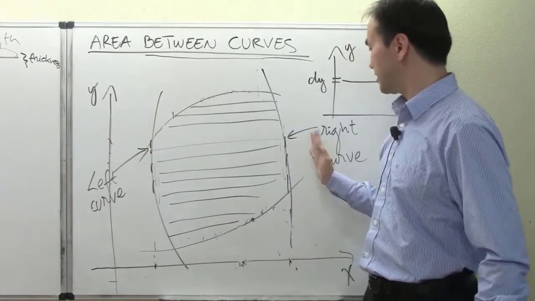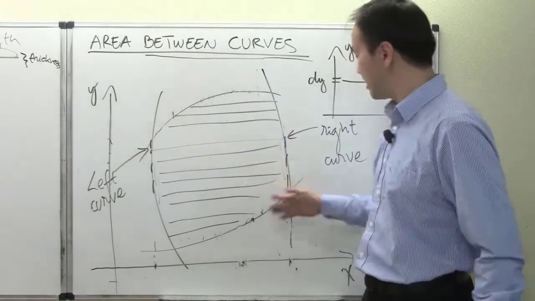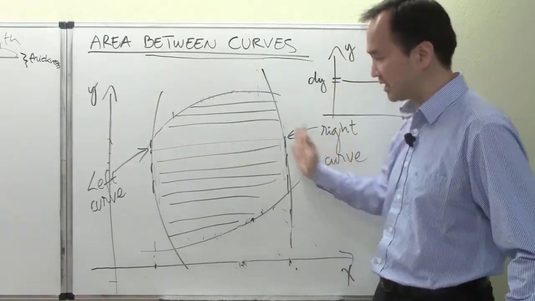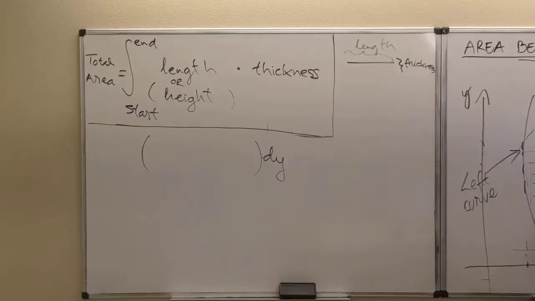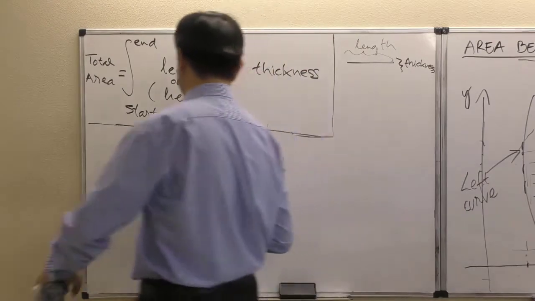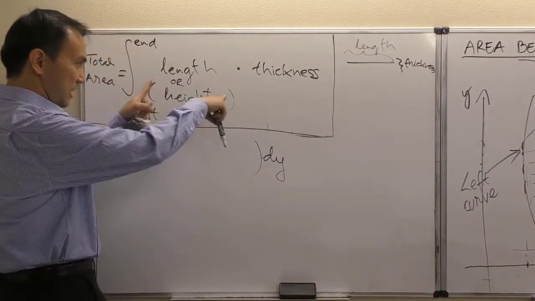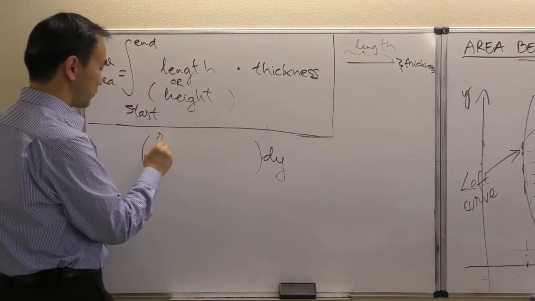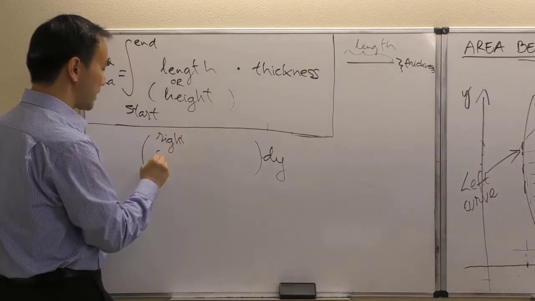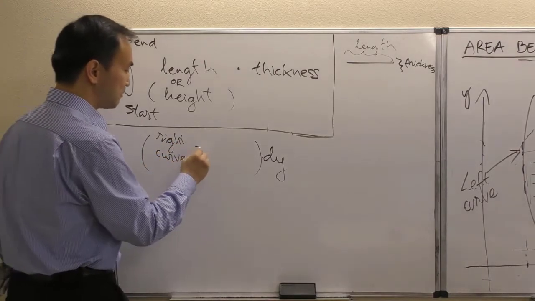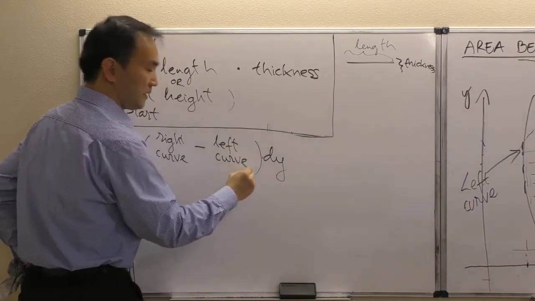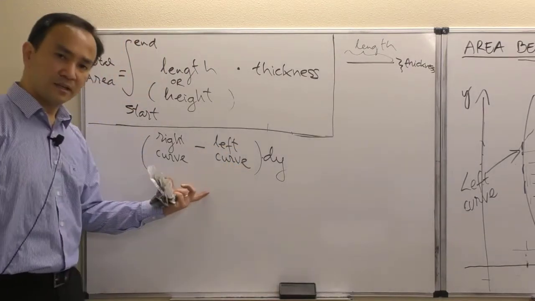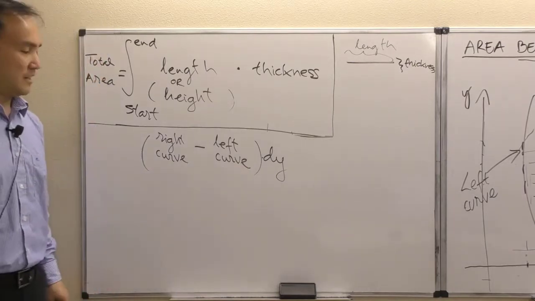So to get the actual length between here, we have to go from the curve on the right-hand side and subtract the curve on the left-hand side. So our formula becomes: the length is the right curve minus the left curve.